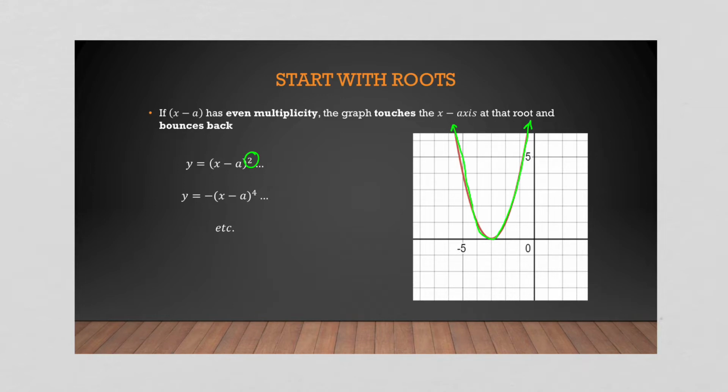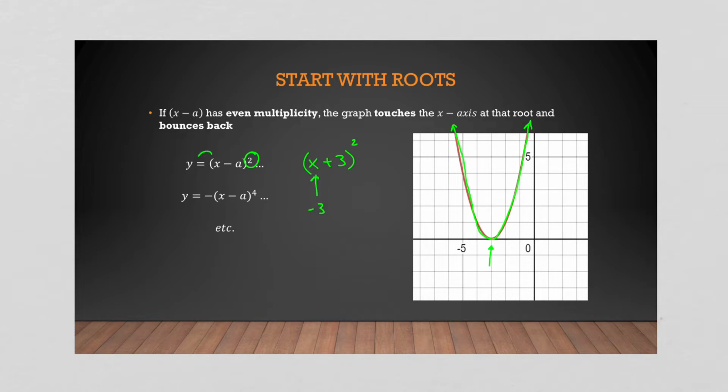Now in this case, our a value would be represented by that value there, which would be 1, 2, 3. So we get (x + 3) squared, because when x is negative 3, that's where our root exists. But when we have an even multiplicity, we're not crossing through the graph, we're bouncing off it.